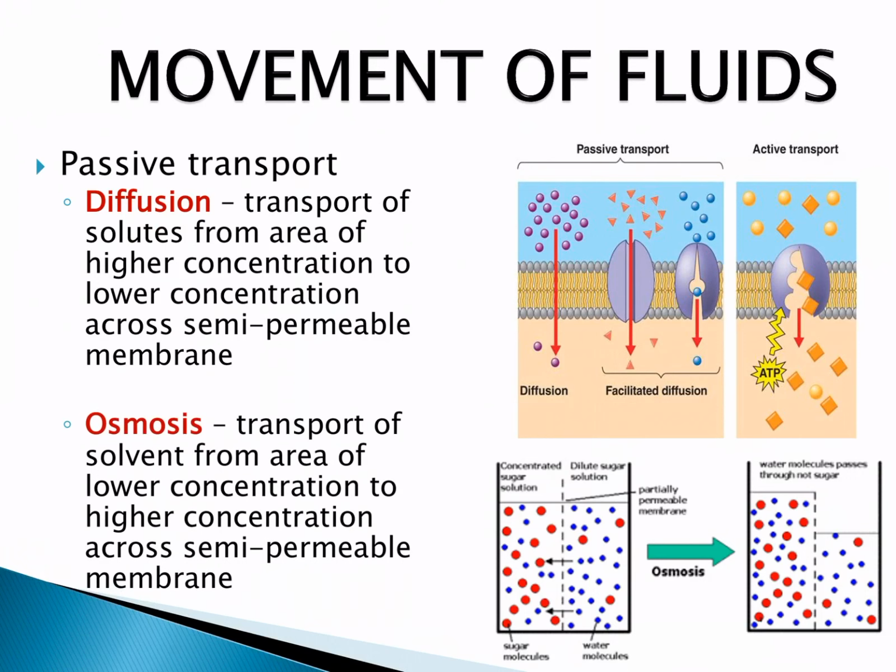When we say osmosis, it's the transport of solvent from an area of lower concentration to higher concentration across a semi-permeable membrane. Okay, so that means from lower to higher concentration. That's for osmosis. So these two mechanisms are under your passive transport.